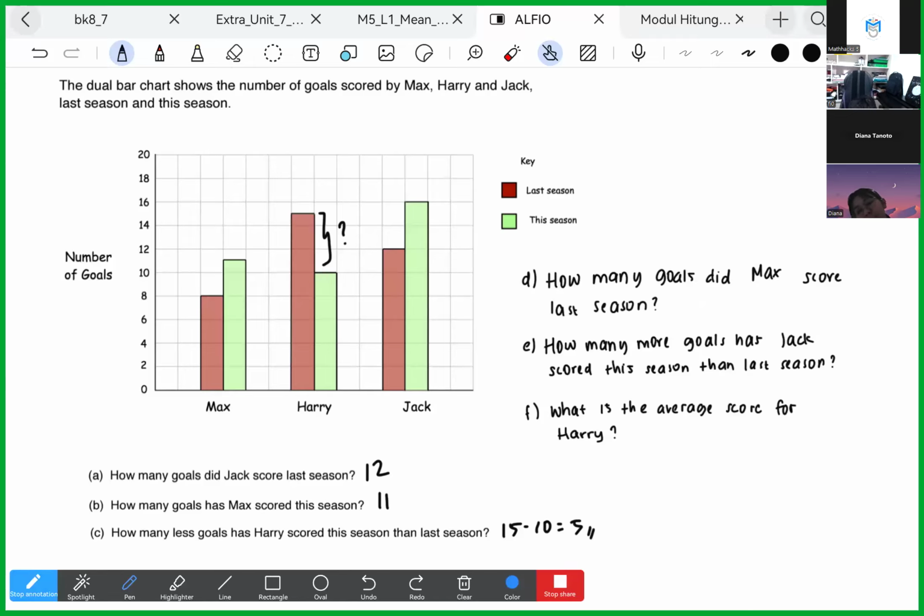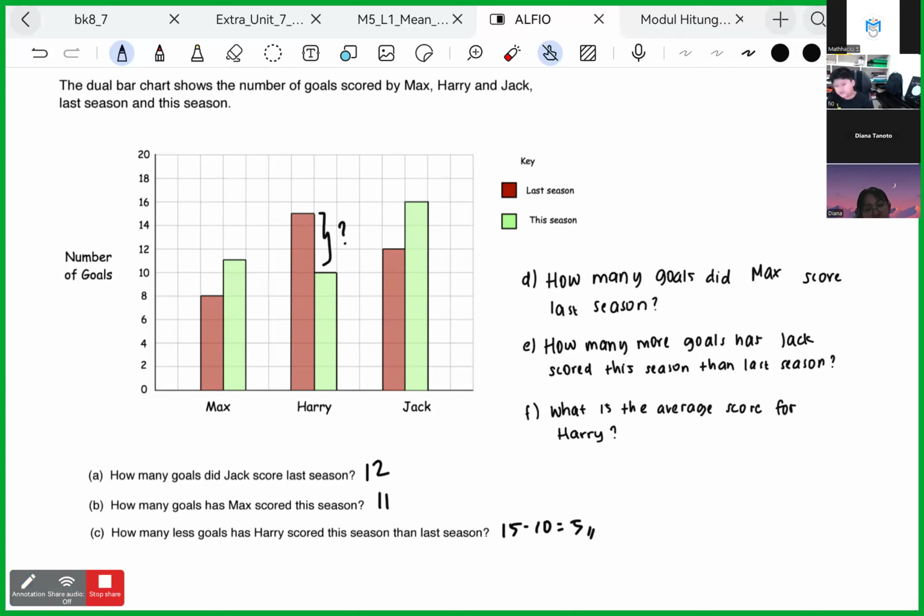How many goals did Max score last season? 8. How many more goals did Jack score this season than last season? 4.